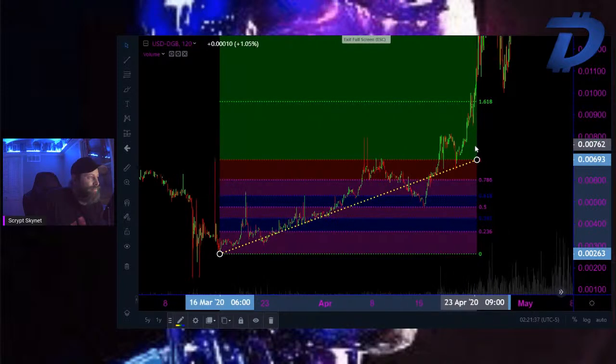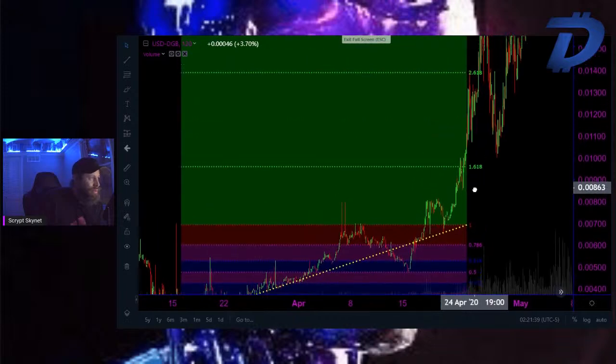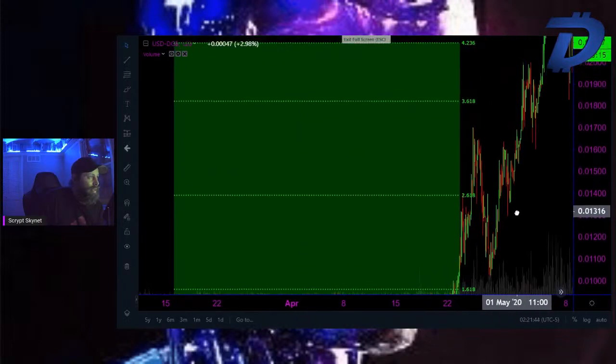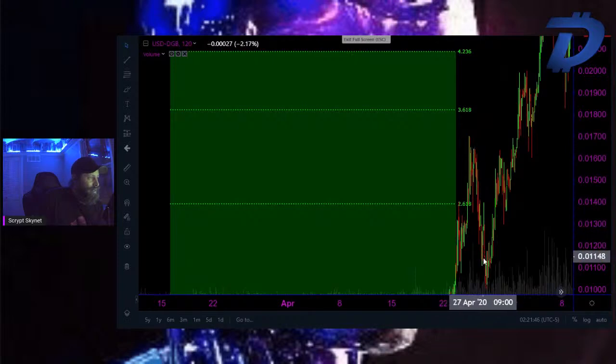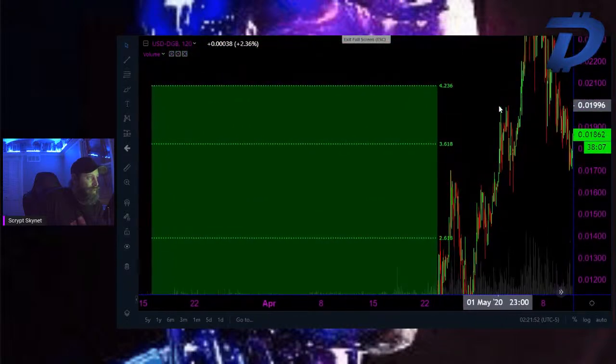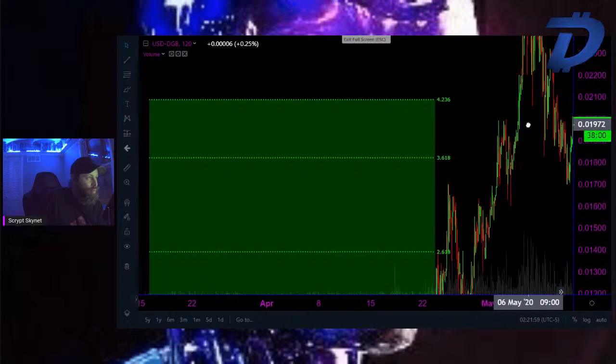And not only that, DigiByte was so bullish coming out here, it hit the 2.6 as well. Not only that, it went about halfway, went right back halfway down to the 1.6, and then jumped right back up, pretty close to the 4.2, got rejected and just went right back up again.